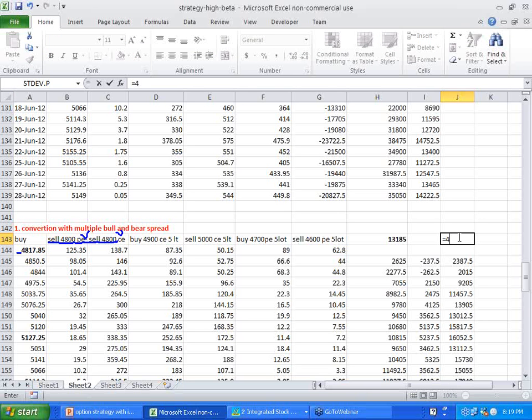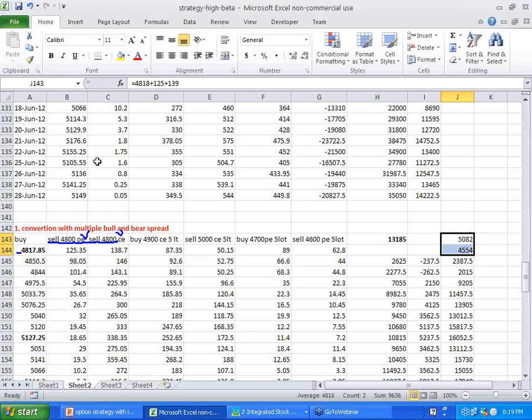On the upper side, 4818 plus 125 plus 139, my protection is 5082, and on the lower side I am protected till 4818 minus 125 minus 139, which is 4554.